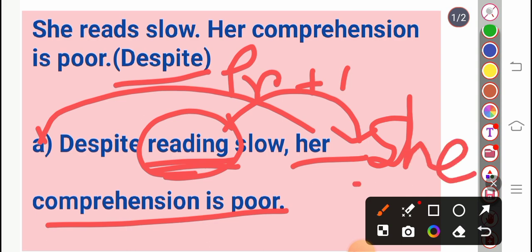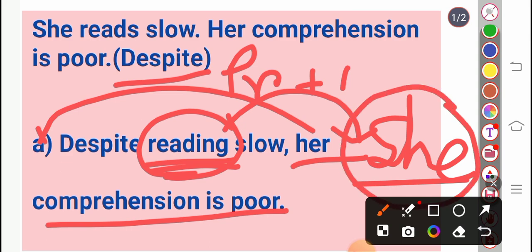Anyhow, we have to use the term she. Now we have to think, how can I do it? If the subject is she, then the subject reference of the term reading will also be she, and the entire answer will be correct.